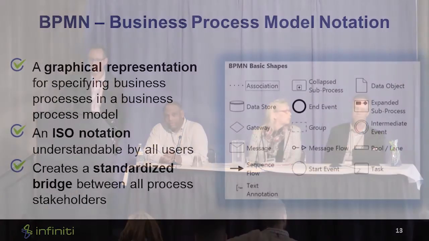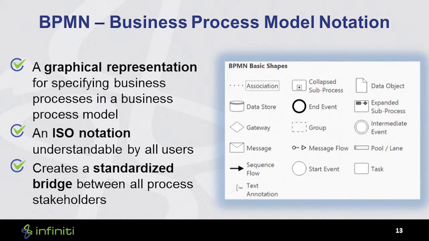So how do we do it? We recommend using Business Process Model and Notation, BPMN. BPMN was developed by the Business Process Management Initiative back in 2004, and then they merged with the Object Management Group.